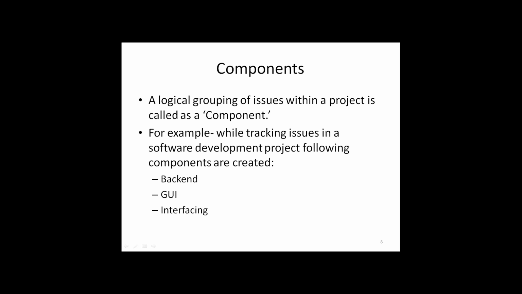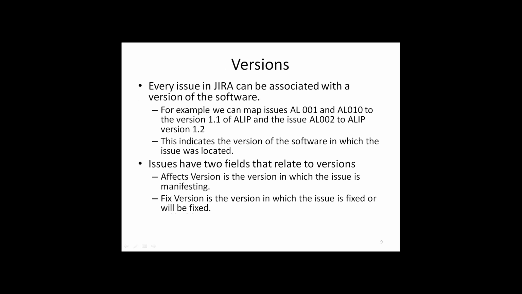All the issues related to database or backend processes will come under the backend component. All the issues related to the screens, the font, or the look and feel will come under GUI. Similarly, interfacing will contain all the issues related to interfaces. So components will be used as a classification of issues in JIRA.